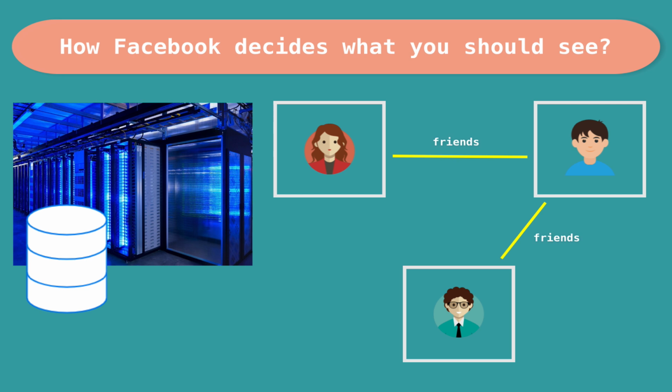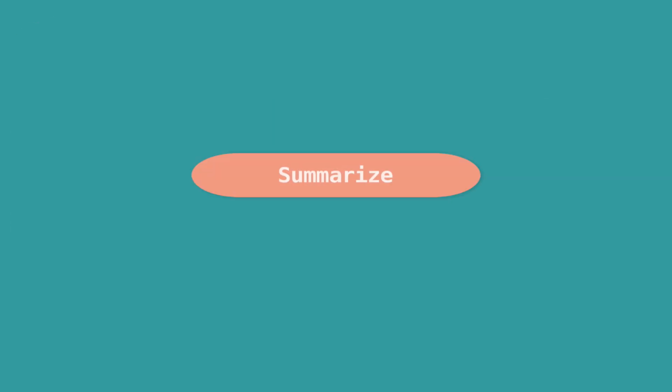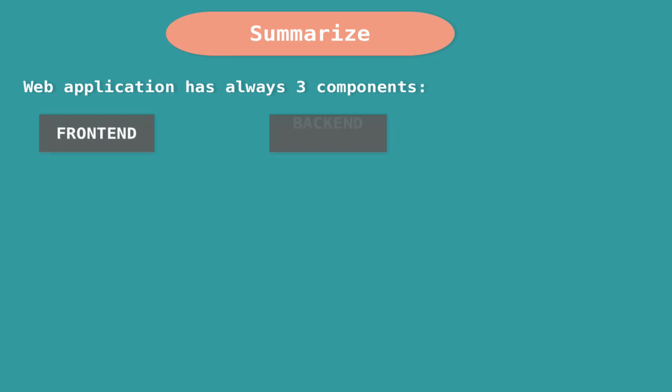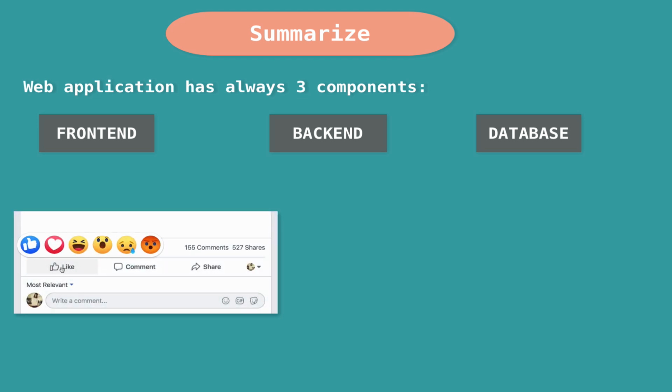Along with new data like images and messages from friends, including the image that you just uploaded, all coming from these servers. So to summarize, a web application is always made up of three components. You have front-end code, backend, and database. Front-end is what you see and interact with in your browser, the user interface of the application.